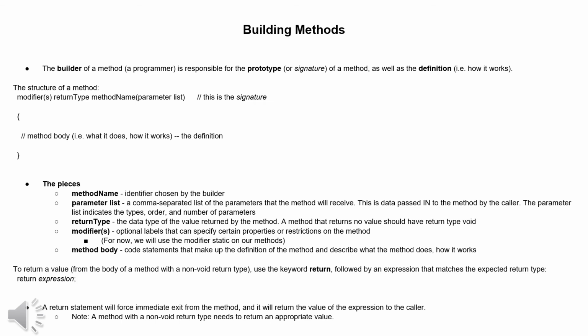Then we have the method name. That's completely obvious. That's a name that you will define for your method, right? For example, whatever this method is going to be, you need to specify a name for that. So that's the method name. And inside the parentheses, we have the parameter list. That's a list of parameters, and in this list, the type and the order of parameters are clear for you.